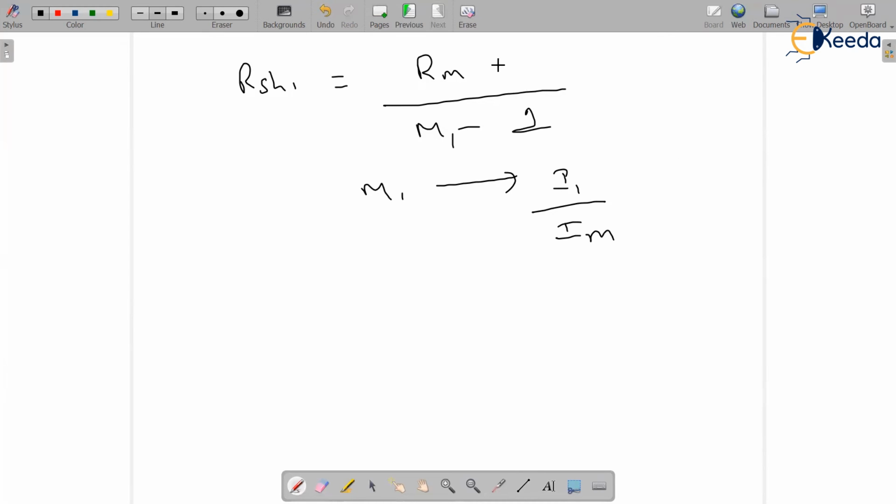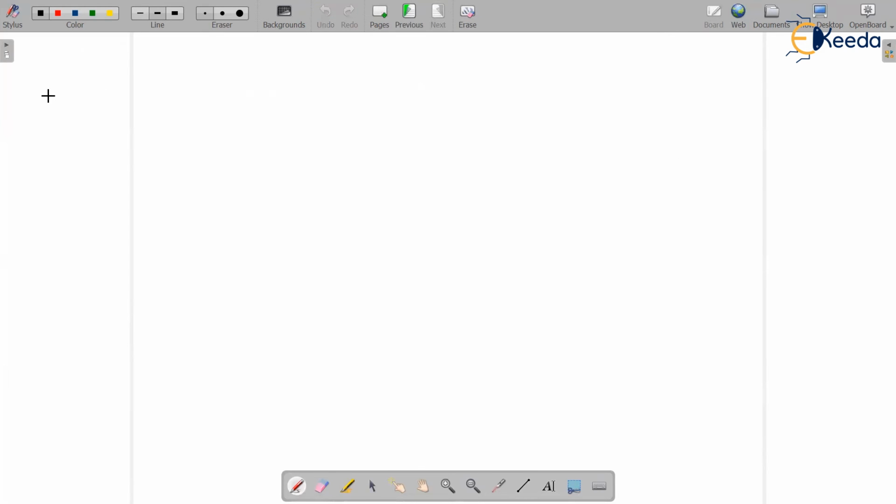Now let's come to position B. Now we are at position B. So at position B, we can see I2 is coming.